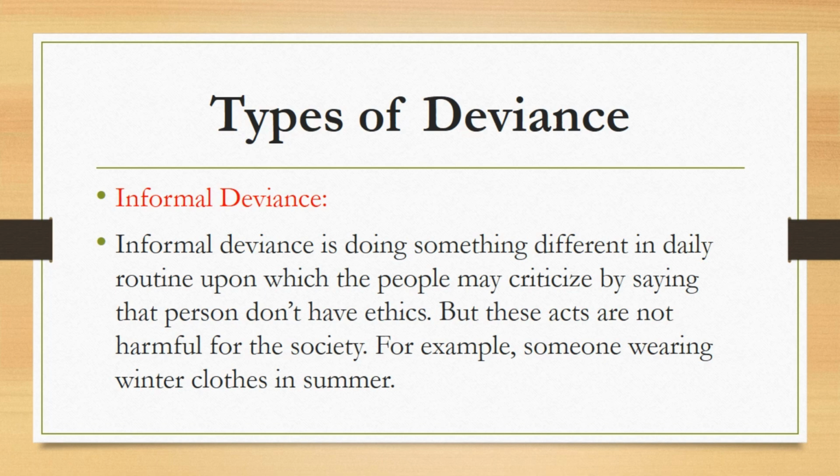So deviance which is serious, harmful for society and punishable is formal deviance, and deviance which is neither serious nor harmful for society and is not punishable is called informal deviance.